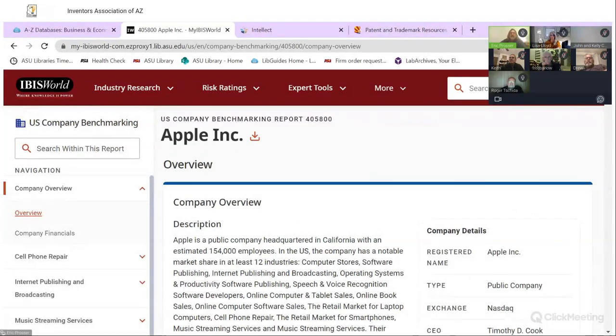One of the things I like to use IBIS World for is basically seeing that information, like a SWOT analysis for the industry is great. Yeah. I know a lot of times investors are interested in looking at a quick SWOT analysis. And if you have to do one yourself, sometimes it can be a daunting task.